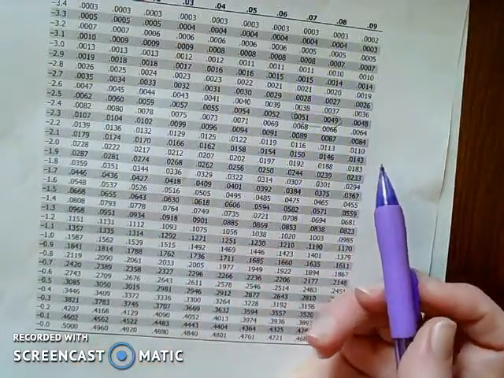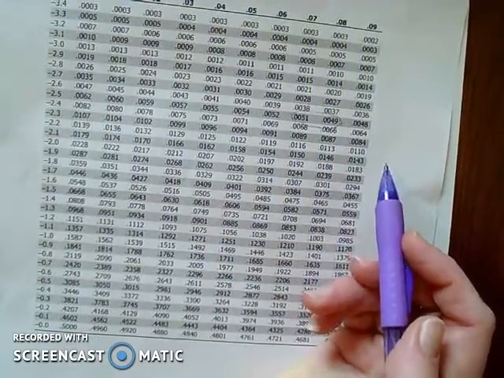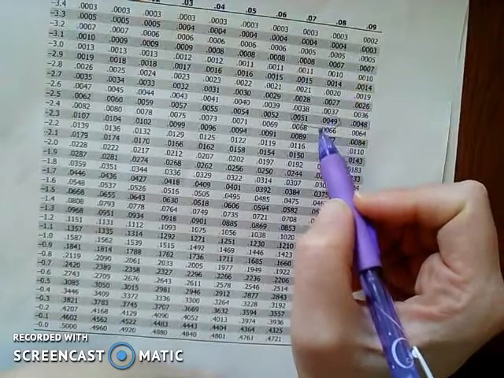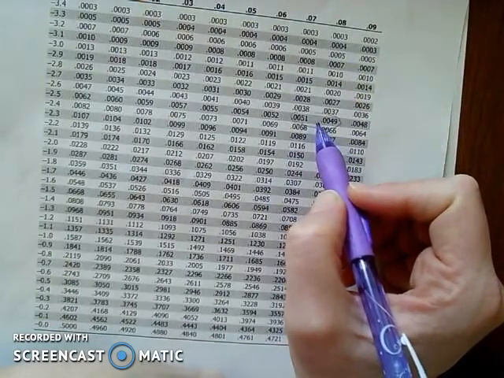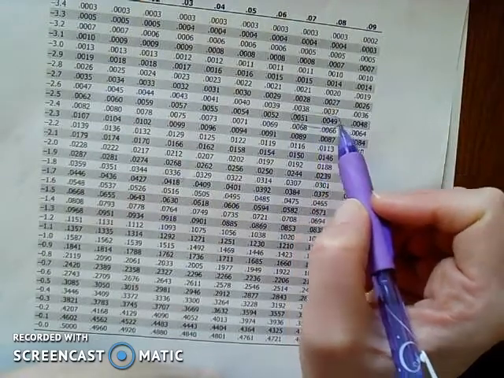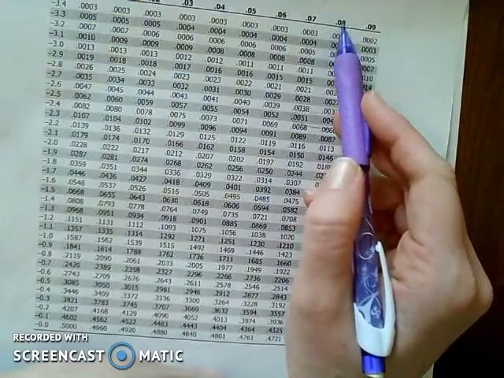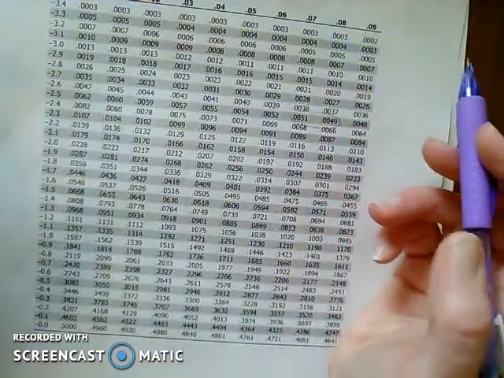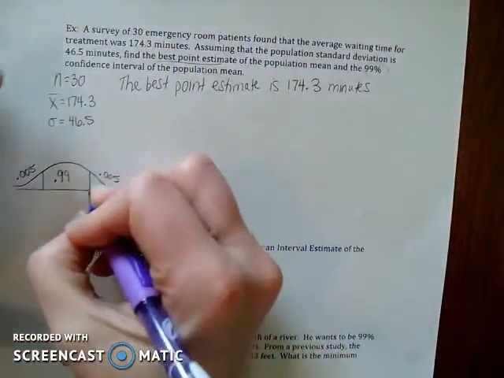You have to think of the absolute value because the z-score is always the positive one. Some books teach that you actually split it in half, so you would do 2.575, but our book does not. Our book says take the bigger one. It's either 2.57 or 2.58, so we need to use 2.58.